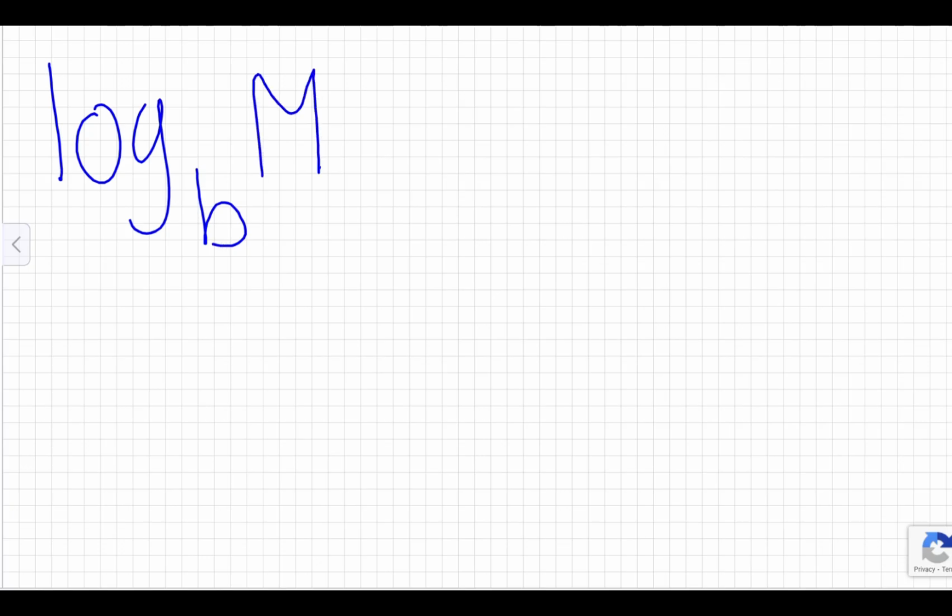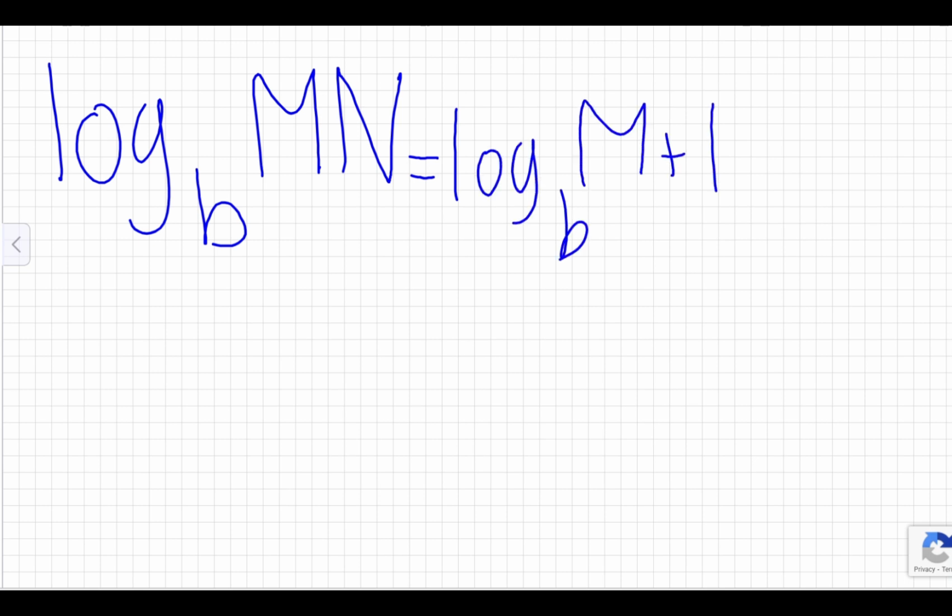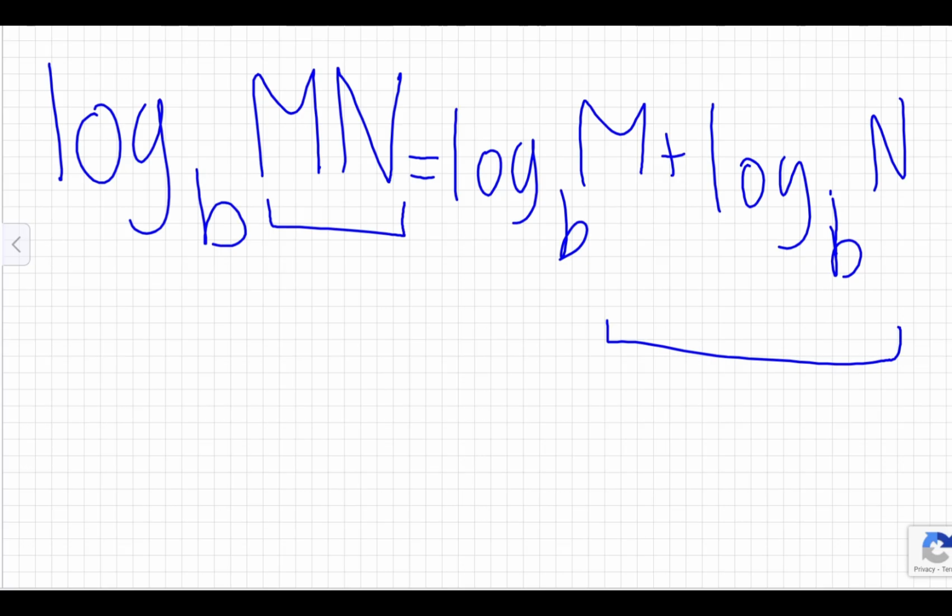Our first rule is the product rule, which states that log base b of n times m can be rewritten as log base b of m plus log base b of n. Basically, whenever we multiply, we can just add them and expand them.